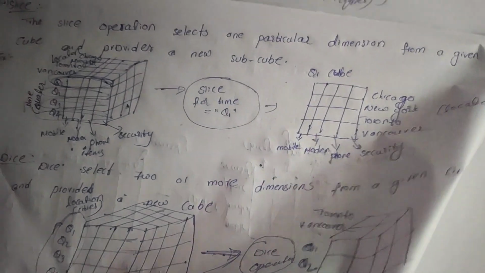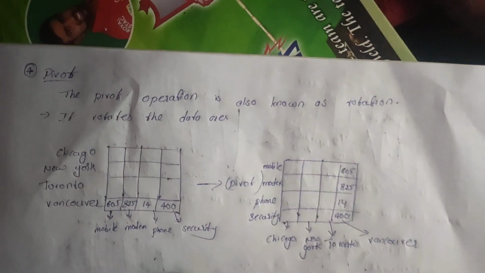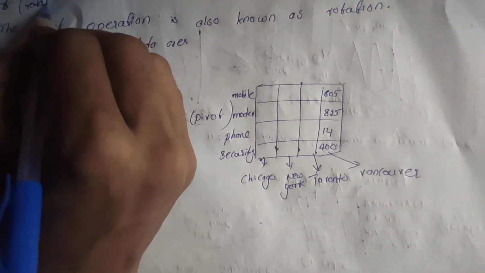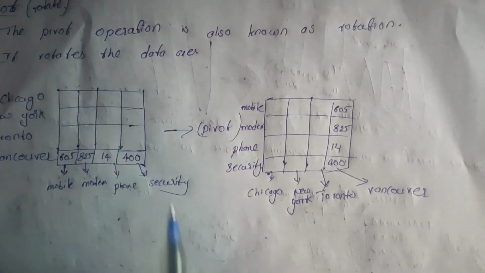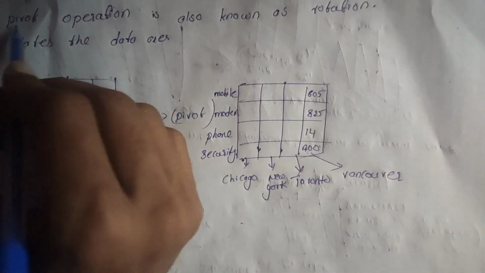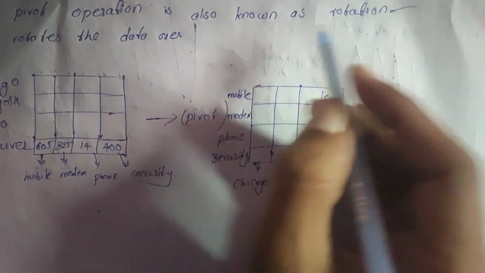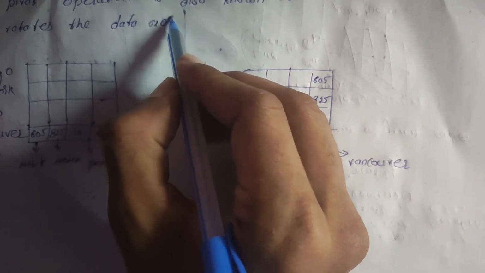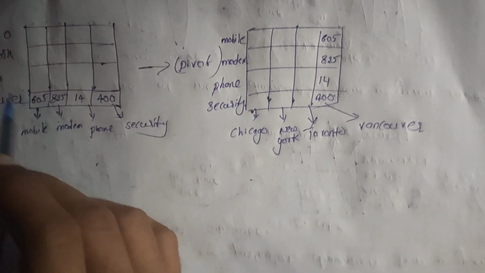And finally, pivot. Pivot is also called rotate. In pivot the data axis is rotated, and it provides a new cube.